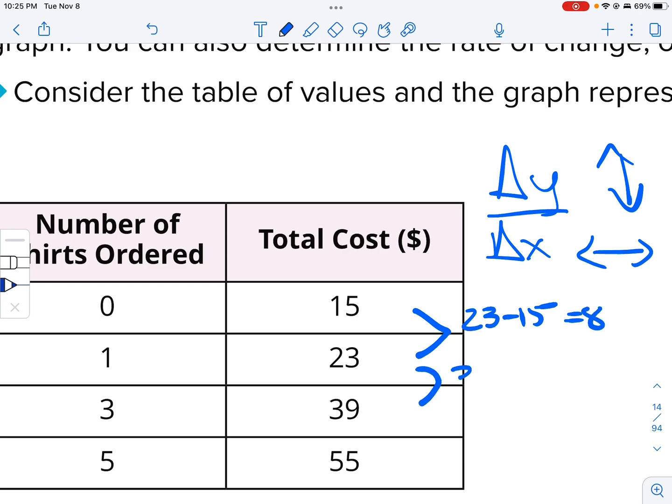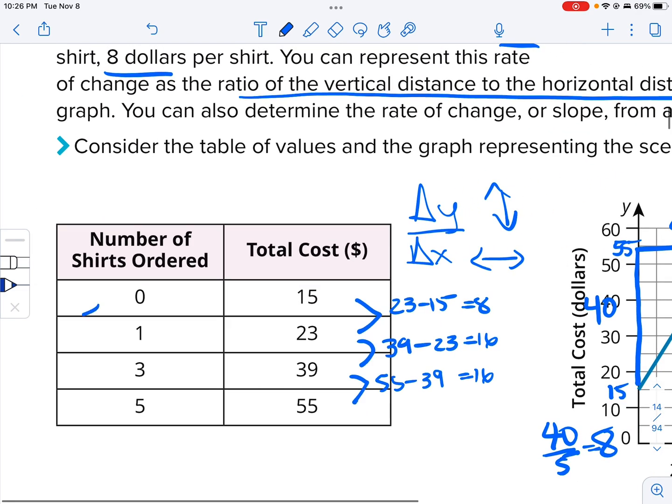If I do this one, 39 minus 23, that's going to get me 16. 55 minus 39 is going to get me 16. Over here, 1 minus 0 is going to get me 1. 3 minus 1 is going to get me 2.